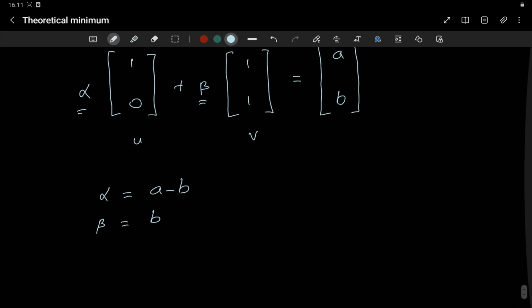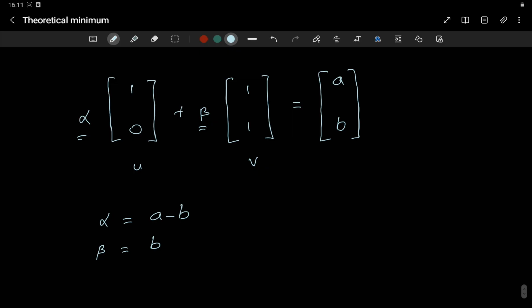Now, for example, say the dimension which I deal with is a very large dimension. Then I would like to know what is the linear combination of a particular function. Then it will be a little difficult to calculate alpha and beta.